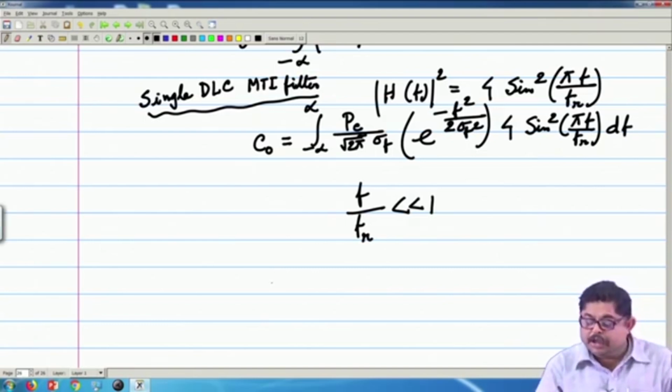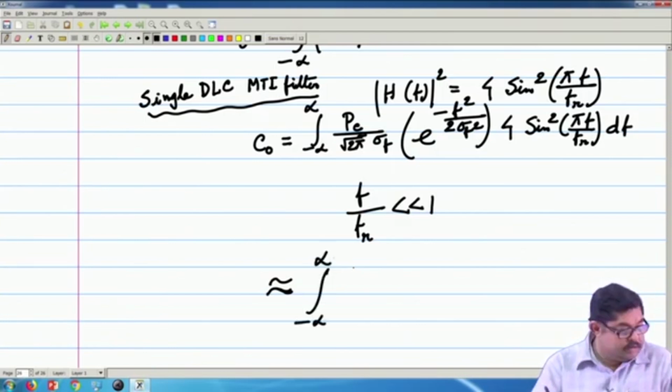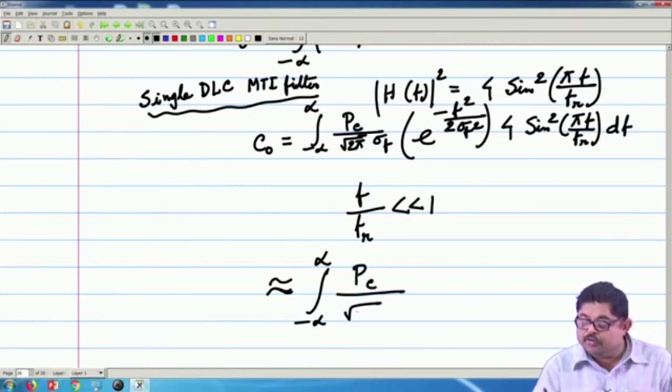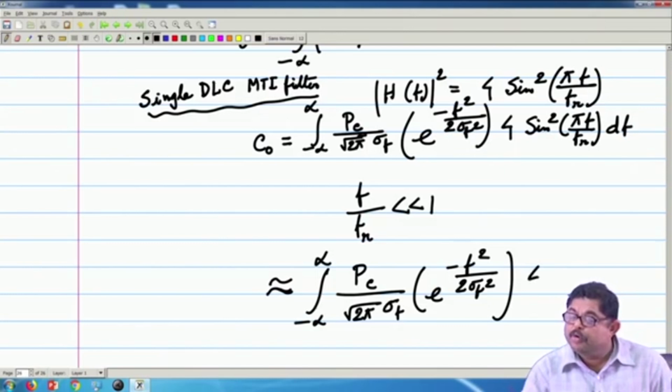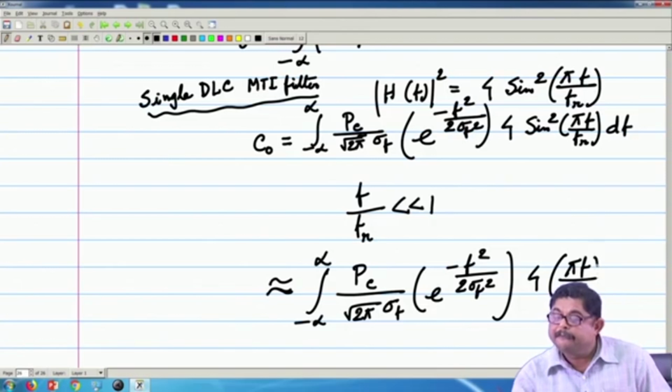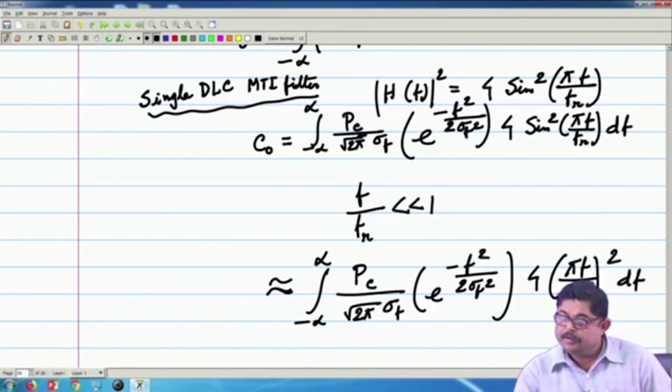So, I can write the integral from minus infinity to infinity of Pc by root over 2 pi sigma f e to the power minus f square by 2 sigma f square into 4 into (pi f by fr) whole square df.